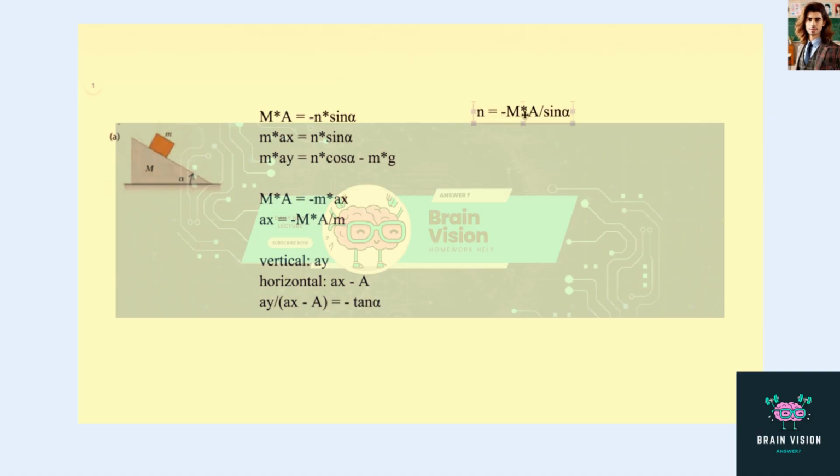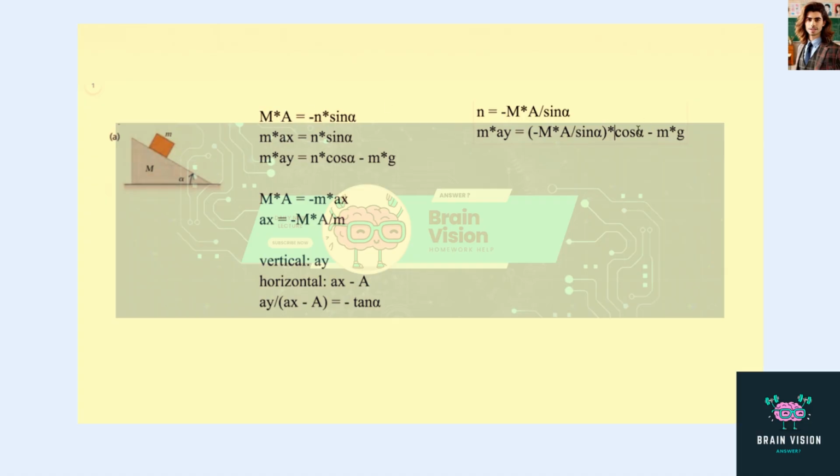But once we've found n, for example, let's just go ahead and plug that into our equation for ay. So our strategy here is really just going to be to try to plug in as many things as we can, try to eliminate as many variables as we can to end up with just ax and ay.